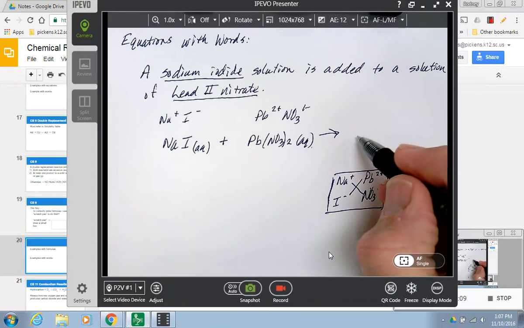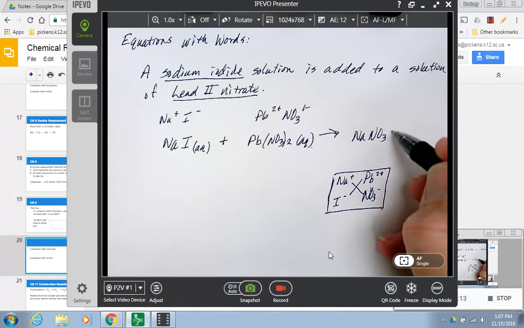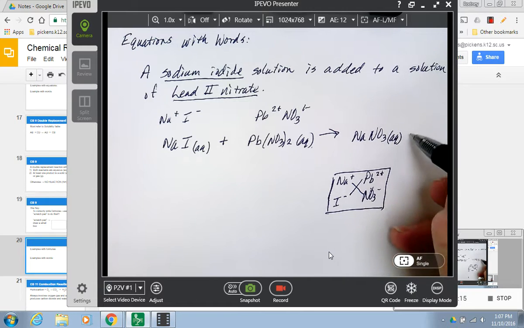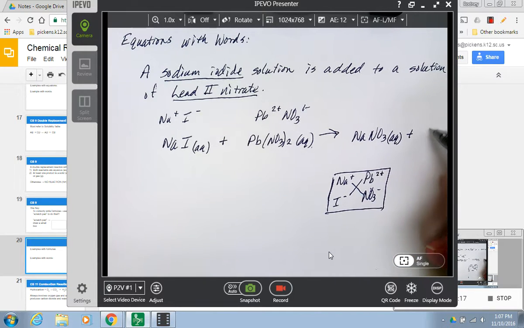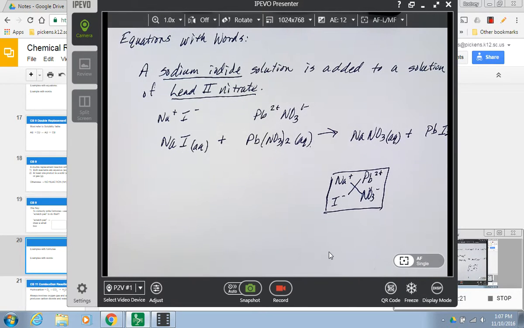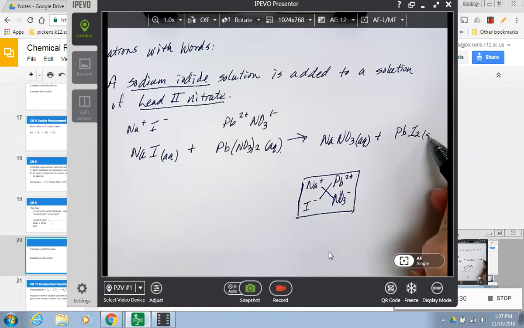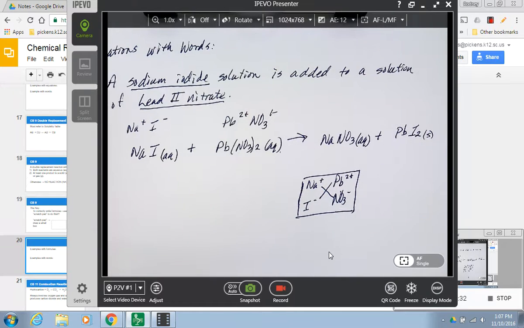So we rewrite them: NaNO3, and that's aqueous because it's a nitrate, plus PbI2. We look up the solubility of lead iodide, and we find out that it is, in fact, a solid. So we put an S right there. So that meets our conditions.